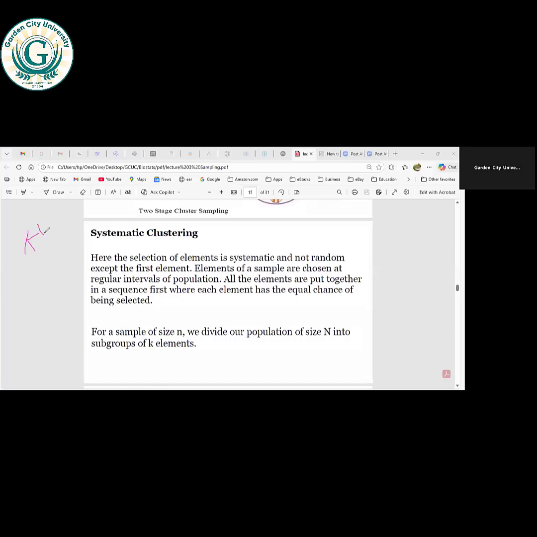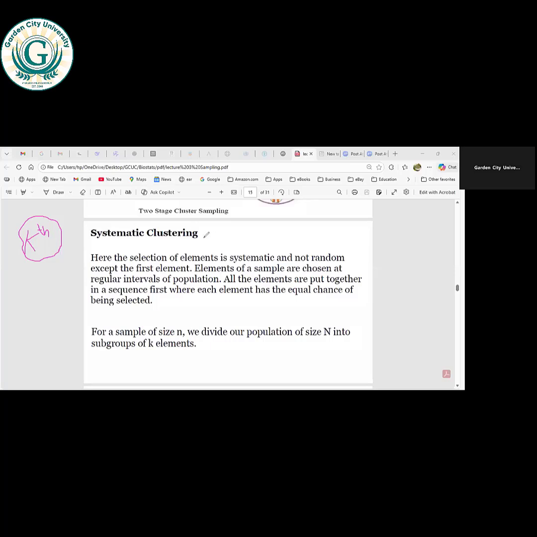The basic definition is you select every key item at a regular interval in the population.